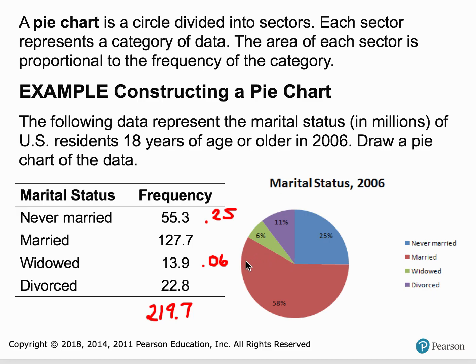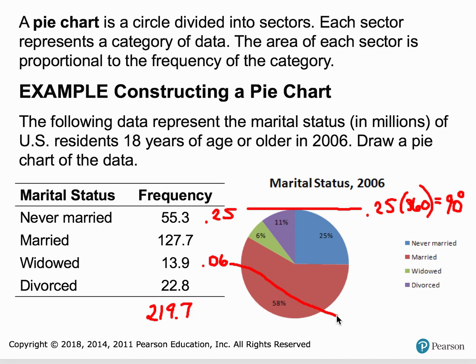So then we would have one extra step. All the way around a circle is 360 degrees. So if I took 25% of 360 degrees, of means multiply, right? 25% of 360 degrees is 90 degrees. So I would know I need to make that sector 90 degrees.